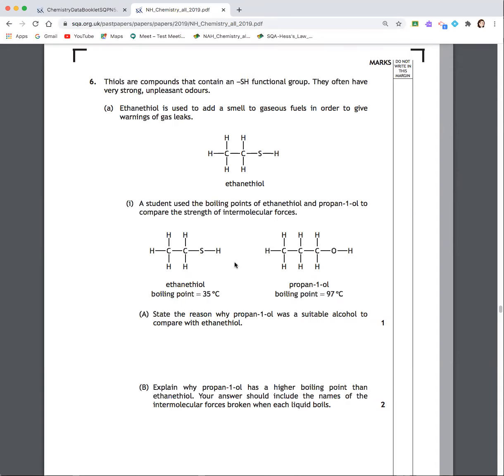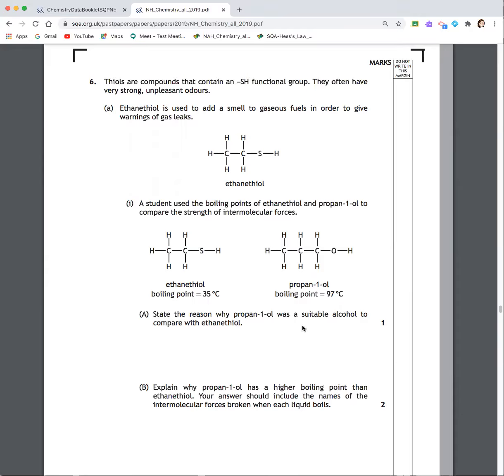So if you're using molecules to compare intermolecular force strength, they need to have the same strength of LDFs, and the strength of LDF comes down to the same number of electrons. So if you were to calculate the number of electrons in these molecules, you would find that they're the same or very close to being the same.